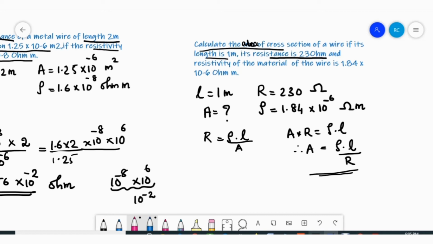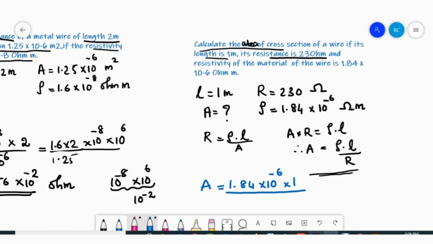Now you can apply the values in the equation. Rho is 1.84 into 10 to the power of minus 6 into length. The length is 1 meter divided by R. Resistance.